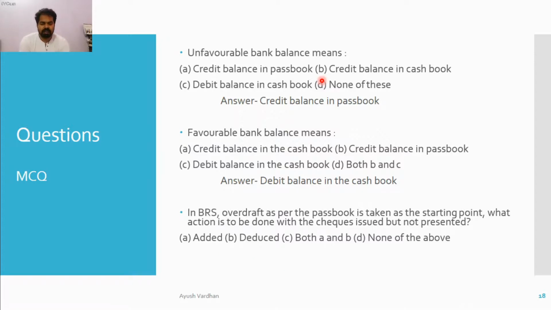Next is, in BRS, overdraft as per the bank is taken as a starting point. What action is to be done with the check issued but not presented? So here we have started with the passbook. Our target is the cash book.